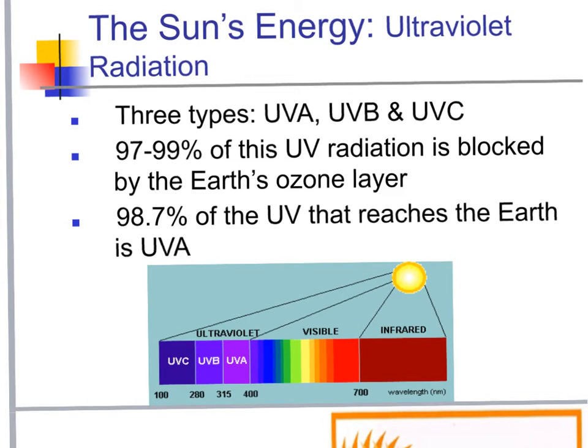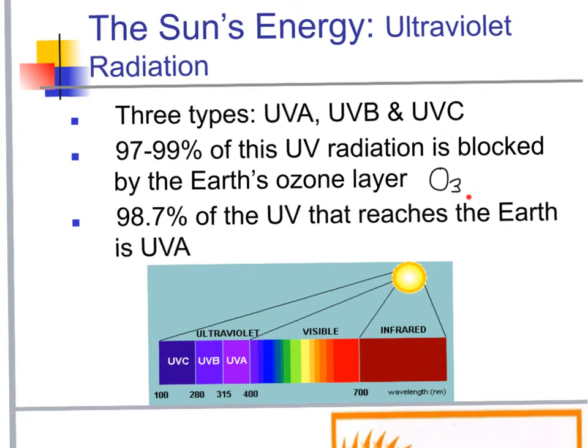Now, the UV rays, or ultraviolet light, are very damaging to us. Thankfully, a large portion of UV radiation is blocked by the Earth's ozone layer. And the Earth's ozone layer is basically just a layer of ozone gas that exists in the atmosphere.